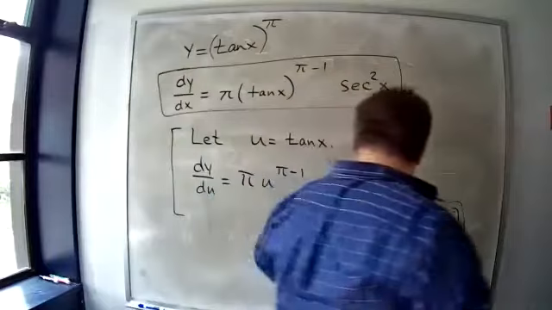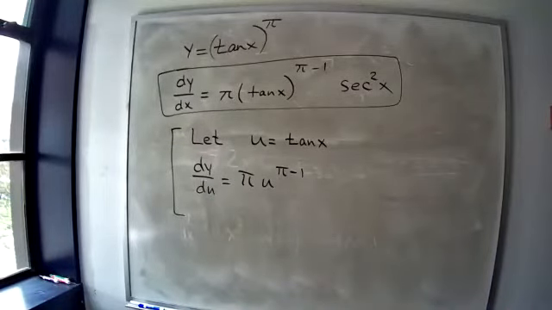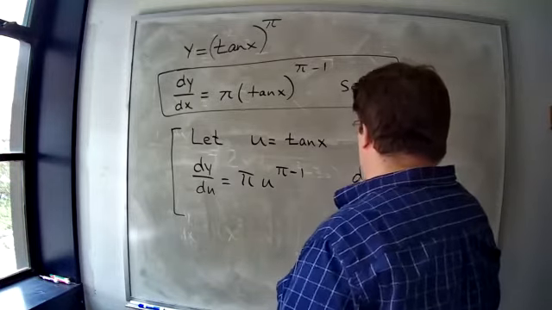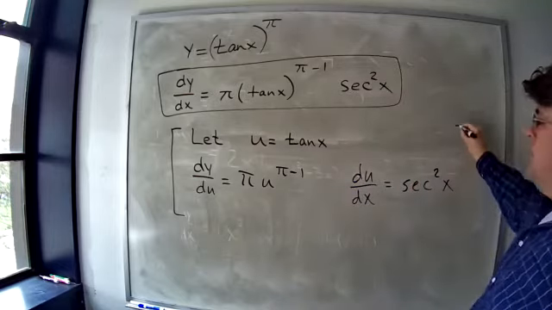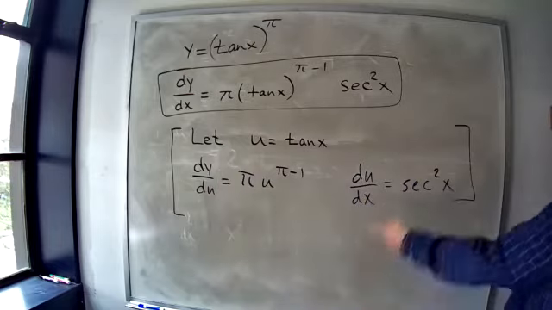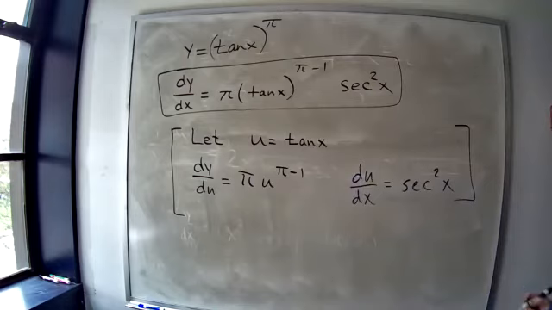The power rule there gives us that derivative. What's du dx? The derivative of tangent is just secant squared. And then dy dx would then be this times this, with tangent x in for u.